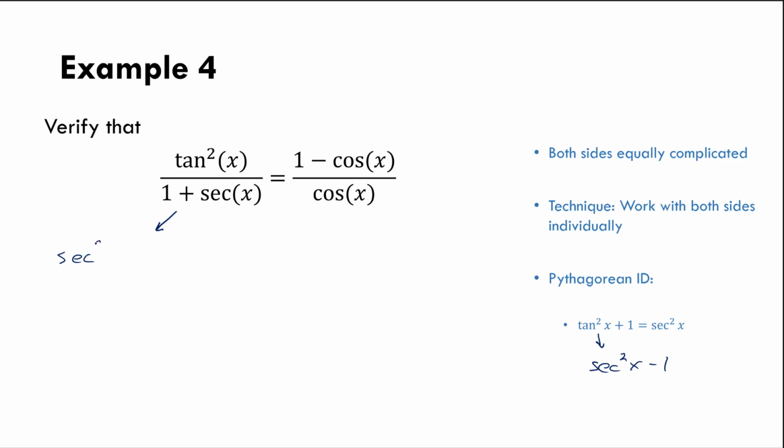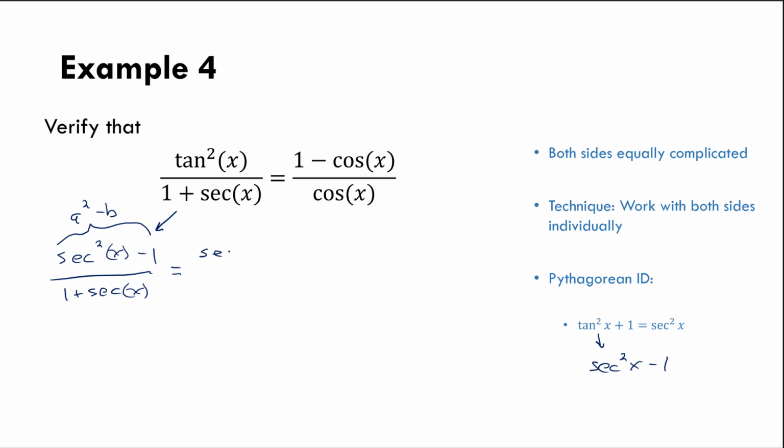So I'm going to replace this tangent squared of x with secant squared x minus 1, all over 1 plus secant of x. Now again, using our difference of squares, I've got a squared minus b squared, which is basically what I have in my numerator here. So I'm going to factor that into a plus b times a minus b.